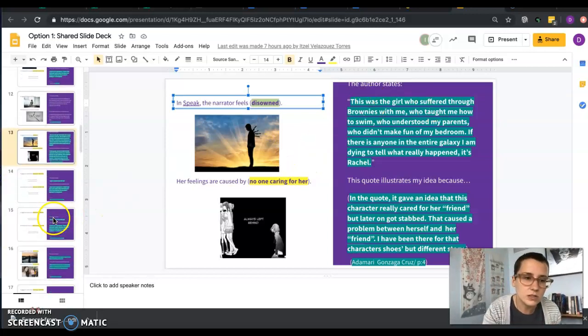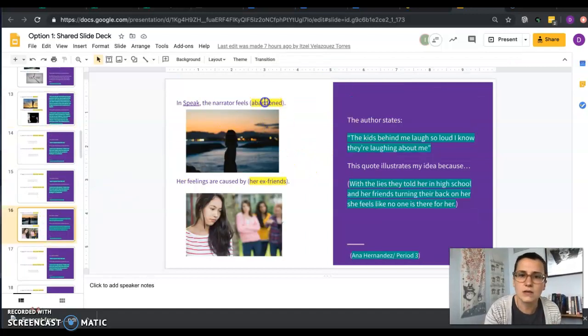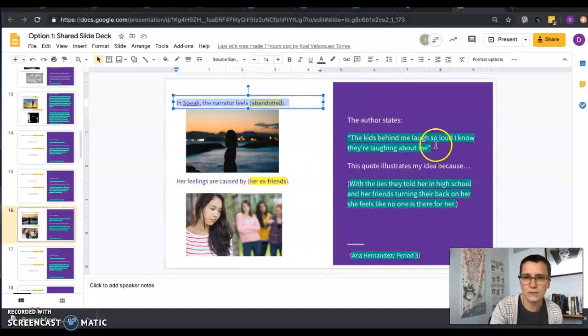I'm looking also here, like abandoned, right? So here's our push for you for naming the narrator's feelings. Think like, what's a fancy 9th grade level word that can really specifically get at her feelings? Not just alone, not just sad, but something that can push you to be more specific.